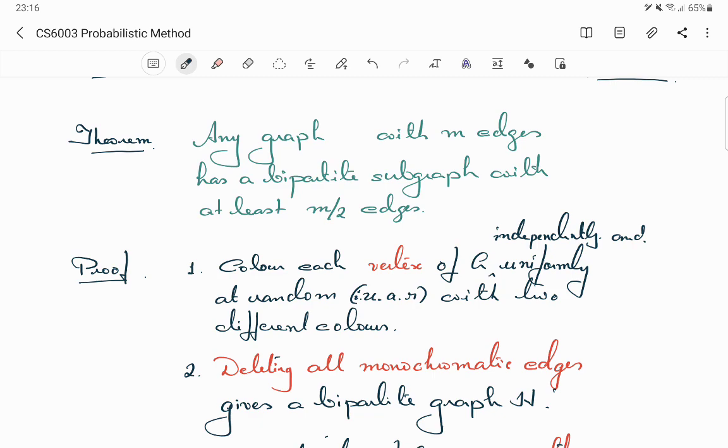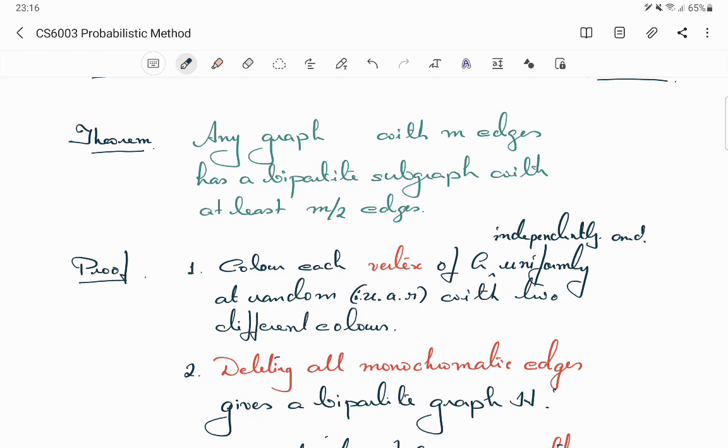So this random two-coloring is a proper coloring of the graph H. So it fits the second definition of a bipartite graph. The third definition can also be similarly verified.